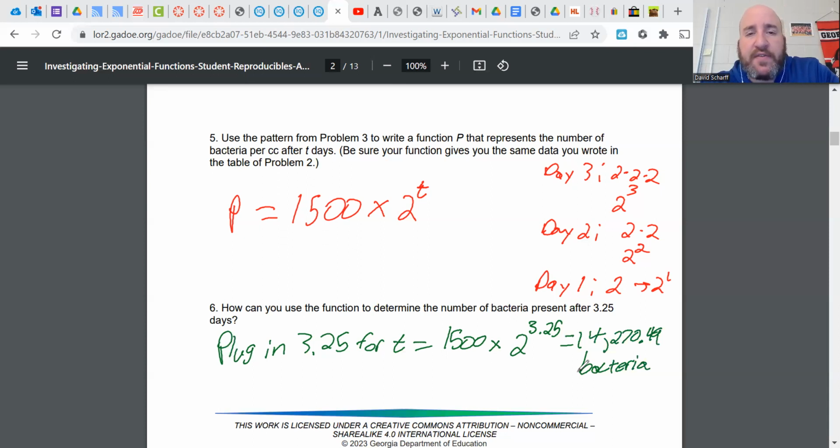If you have a fraction of a human, you're not going to say that there's 12,792.63 residents of Covington. You would round up to the next whole number. So that's kind of my thought process here. So I would personally say 14,271.